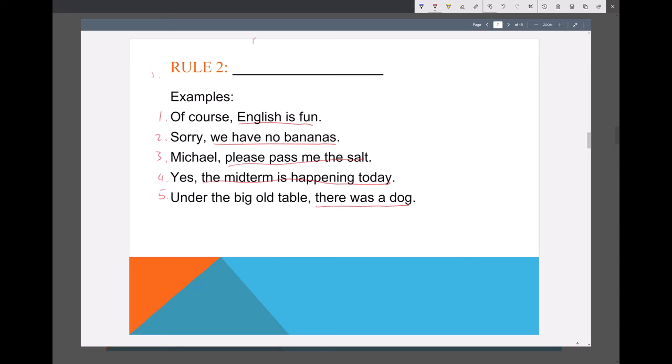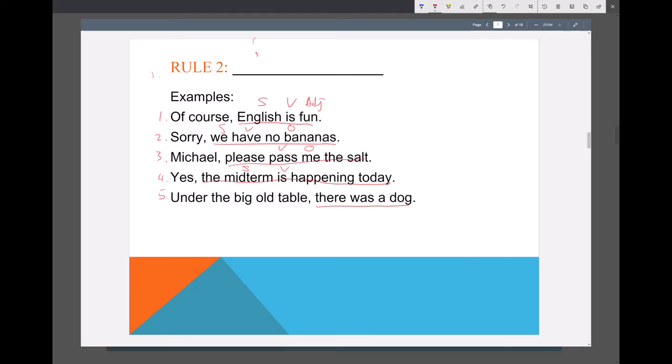Take a look, for example, number 1. English, subject, is fun, adjective. So there you go, good. We, subject, have no bananas. Please pass me the salt. So there's a verb, an object, and this is talking to Michael. So that's an independent clause. The midterm, that's the subject, is happening today.